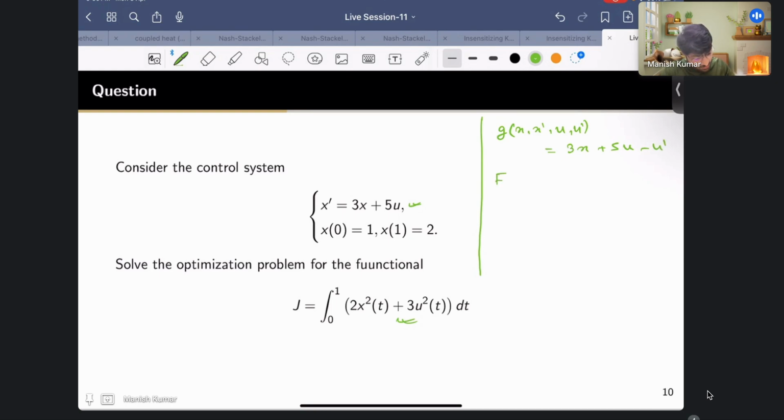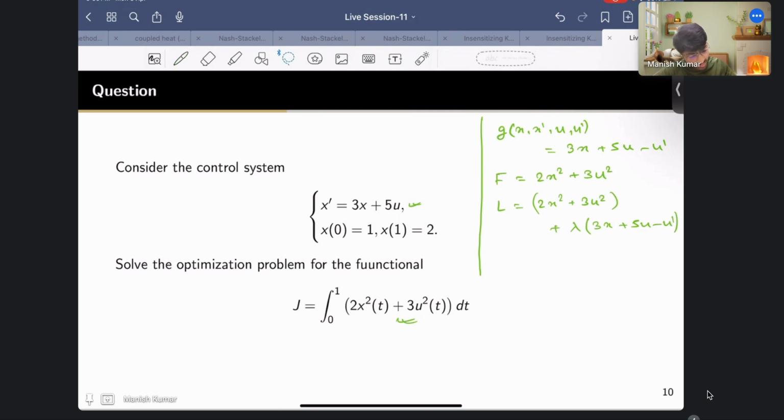Capital F is given by 2x square plus 3u square, and the Lagrangian, if you want to calculate, it is just the f, which is 2x square plus 3u square, and then you do lambda times g. Over here we just have one component of g, so it's just the usual multiplication. So lambda times 3x plus 5u minus u prime.